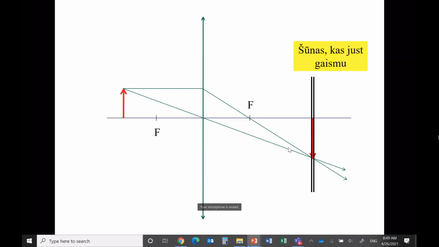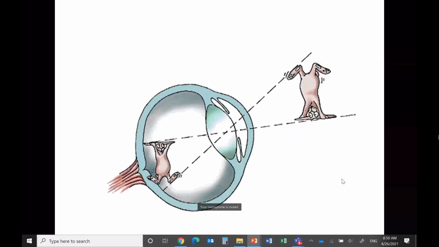The other cross sections for this object are located somewhere here, here, here, and here, and because of this, we have an ability to assemble the entire image of the object. So this is the scheme that demonstrates what we see. This is the head, the real object, and here we have the image.